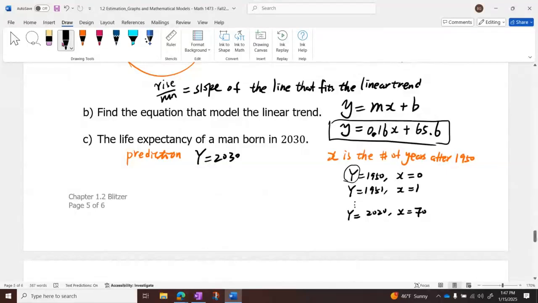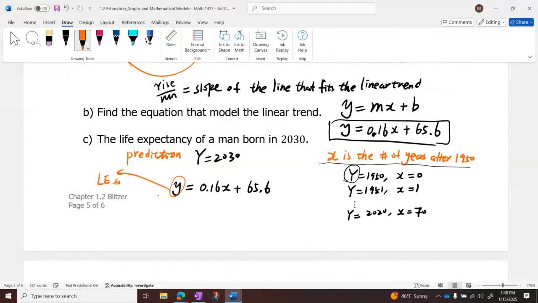Let me write our model one more time right here. This is our model: y equals 0.16x plus 65.6. We got it from part B. What is x here? I already wrote it here. x here is the number of years after 1950. What about y? y here is the life expectancy for a man.